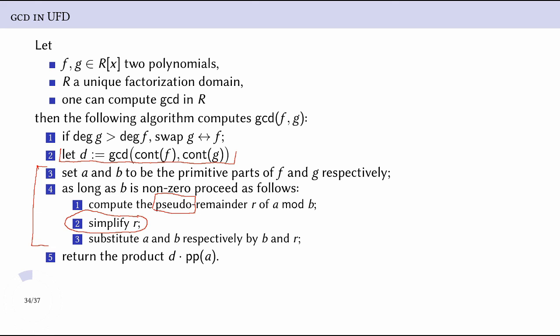Finally, when we exit the loop, we return not a, but the product of the primitive part of a times the greatest common divisor of the contents of f and g that we stored at the beginning of the algorithm.